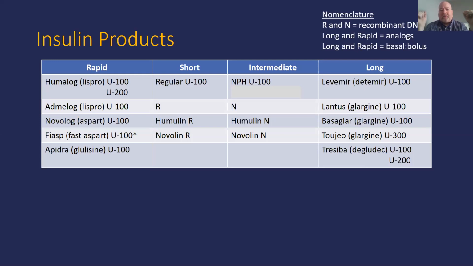So when looking at these, you've got your nice clear one that's regular, your cloudy one that's NPH. I told you the rule is stick the syringe into the clear regular insulin vial first and draw up your dose. Then take it and put it in the NPH vial to draw the rest of that dose up into the syringe. If you do it wrong, let's see what the issue is.